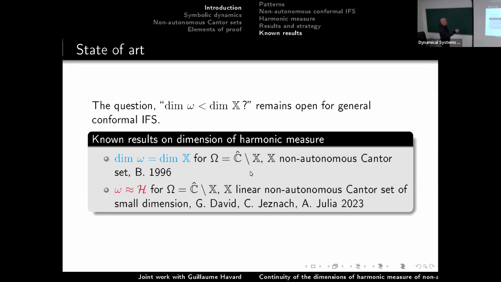I put this slide because there is something that's very surprising here. There is a very recent result of Xavier Tolsa saying that if you have a totally disconnected Cantor set with some very mild hypothesis of dimension greater than 1/2, then you cannot have this relation.